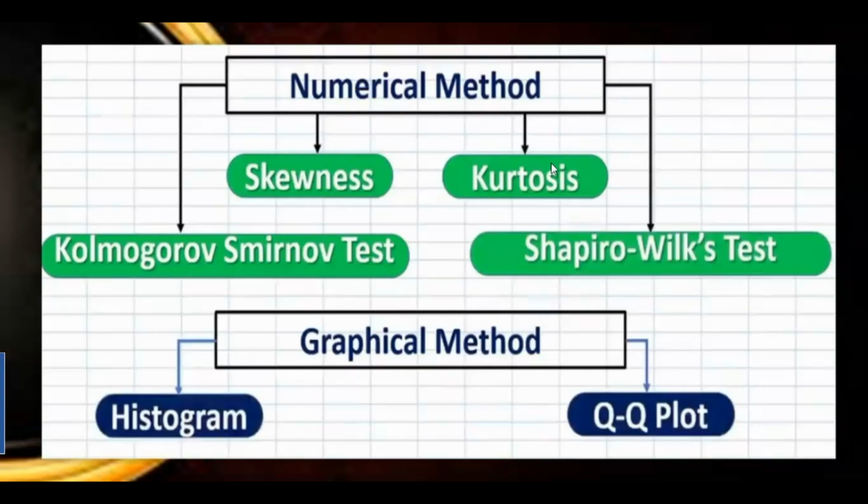Then the graphical method is the histogram and the QQ plot. By the time we collectively check these two methods of checking the normality of our data, we will come up with a result that shows whether our data is normally distributed or not. So just sit down and keep watching this tutorial class.